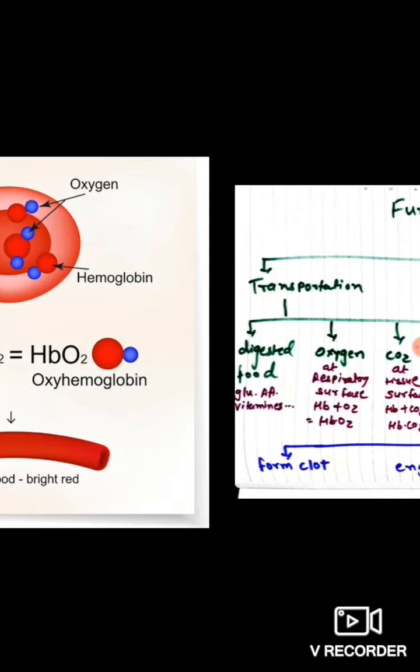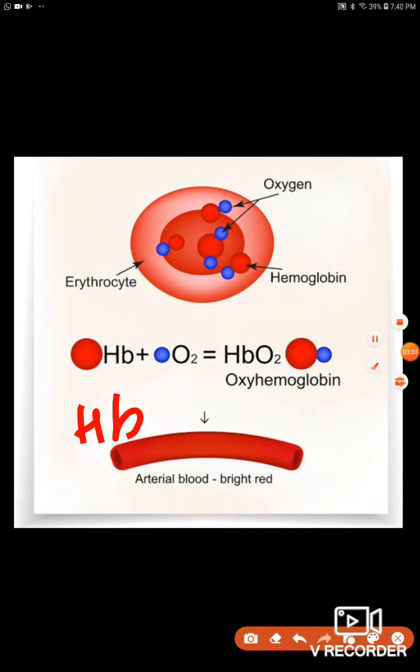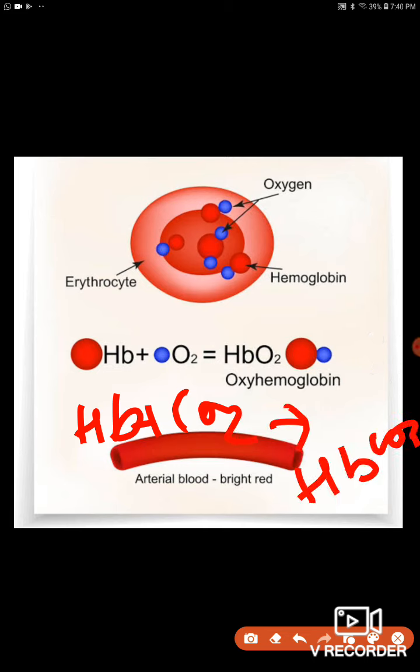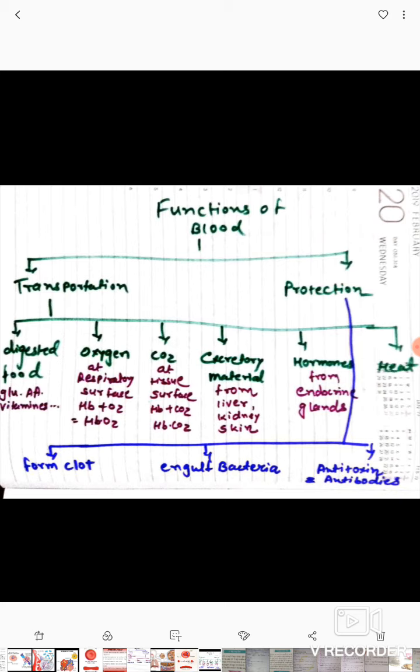Here the hemoglobin combines with the CO2 and gives HbCO2, called carbaminohemoglobin. So that is our third function, HbCO2 formation.